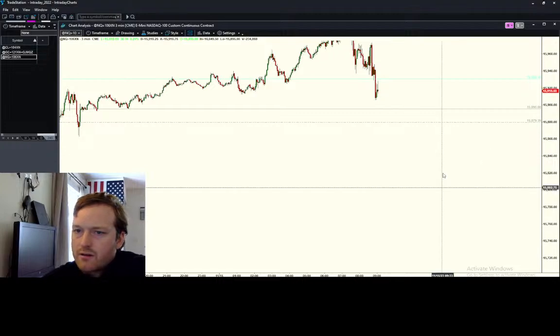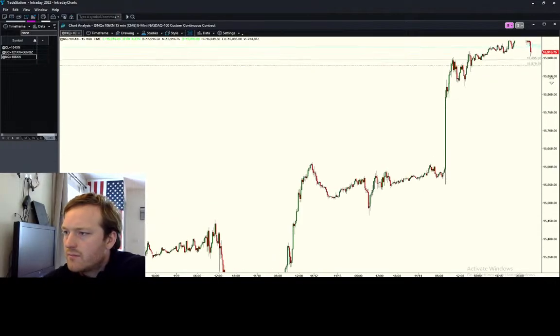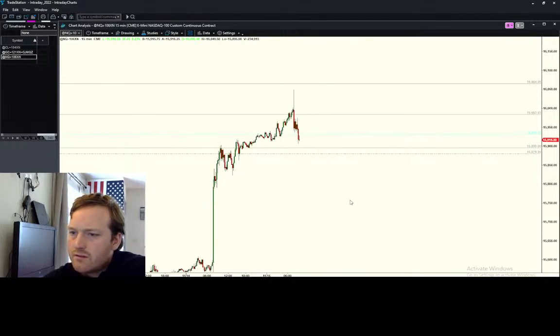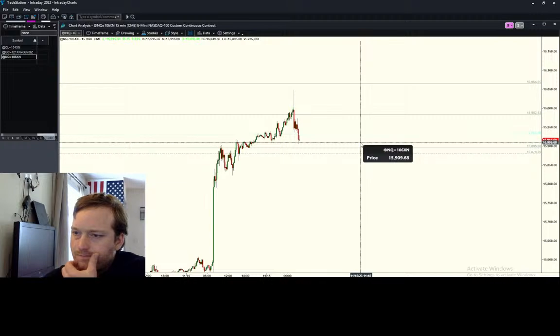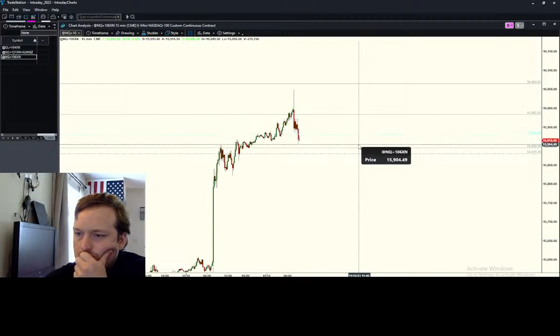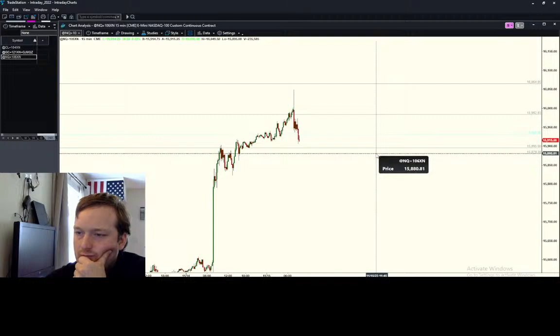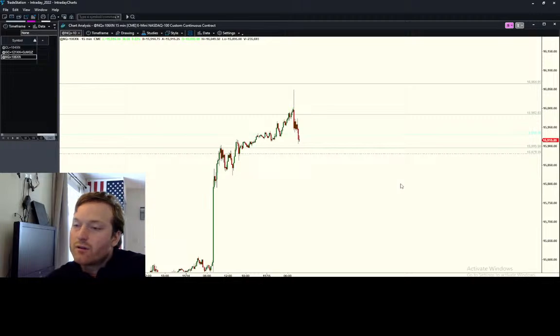Be prepared to take the L here. That sucks. If it drifts lower, it can drift lower.